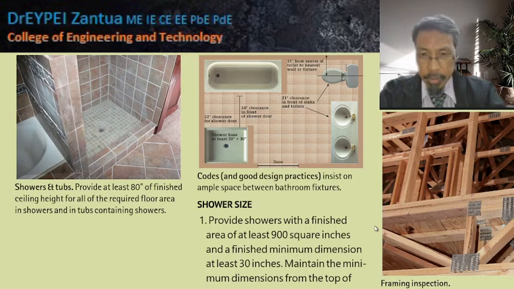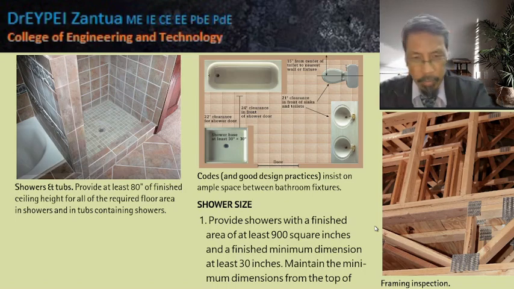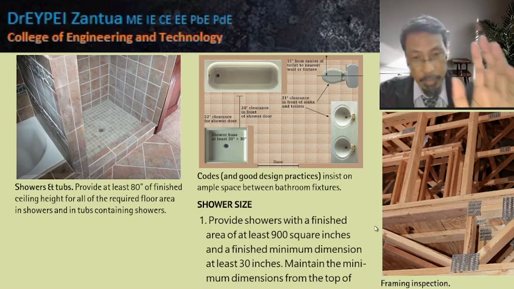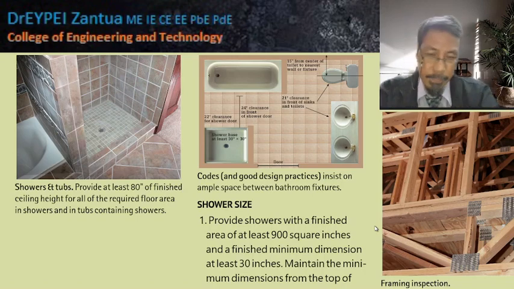For shower size, provide showers with a finished area of at least 900 square inches. Again, we have a provision for this in the National Plumbing Code of either the master plumber or the sanitary engineer.